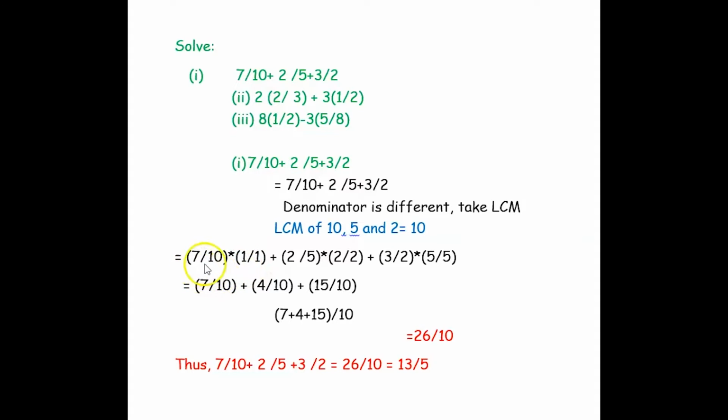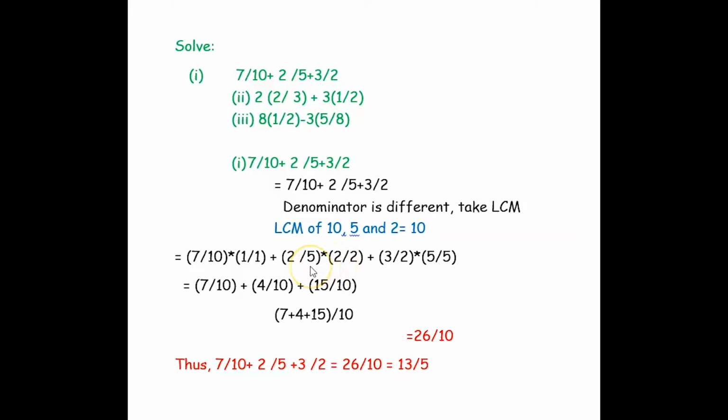So the first number is 7 by 10, which already has 10 in the denominator. So we can multiply by 1 divided by 1 or we can keep it as such. The second number is 2 divided by 5. So we want to make the denominator 10. So how to do this? Here we have 5 in the denominator. So if you multiply 5 by 2, we will get 10.